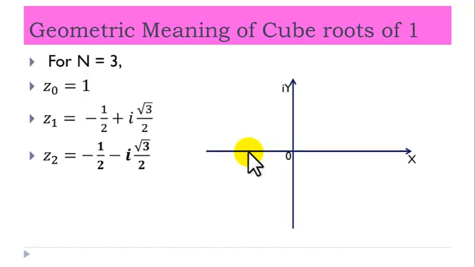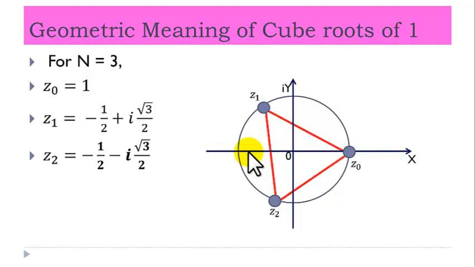This is our real and imaginary axis with a unit circle with center at origin. This is the point z0, while this is the point z1, and this is the point z2. So you can see that these 3 points are vertices of a regular triangle.